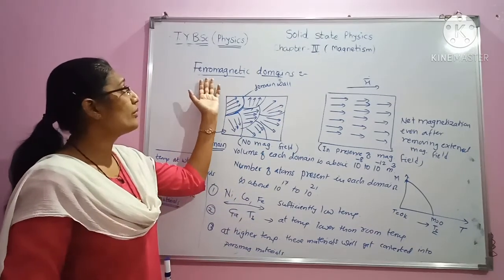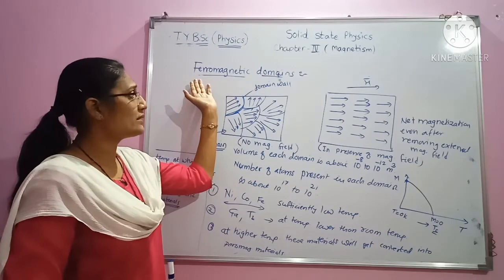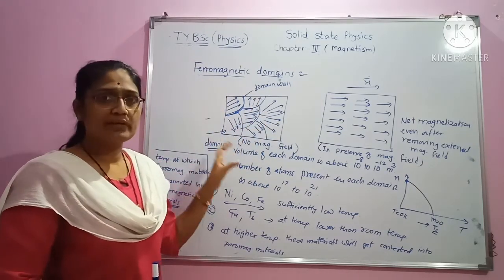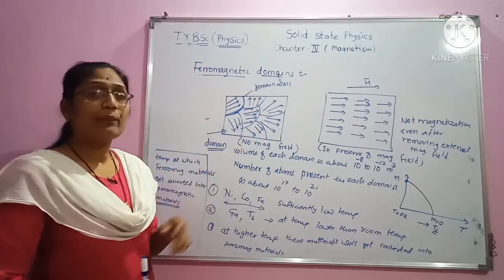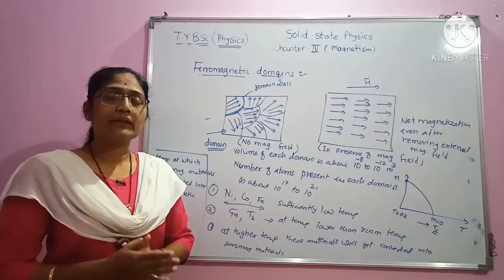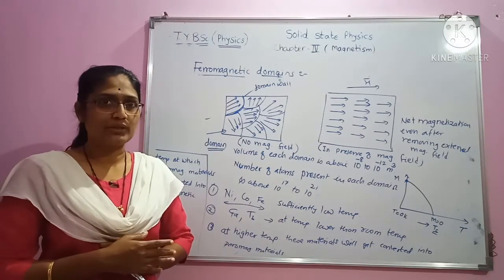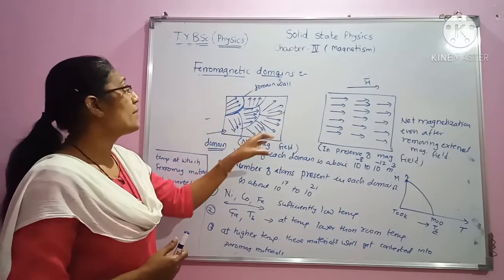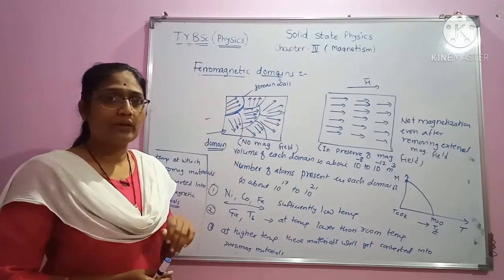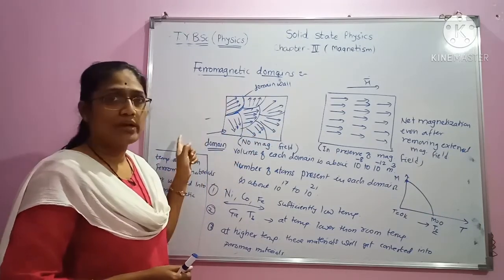In case of ferromagnetic materials, there are these small regions in which the dipoles are aligned themselves in particular direction, and these small regions present in a ferromagnetic material are called as domains.